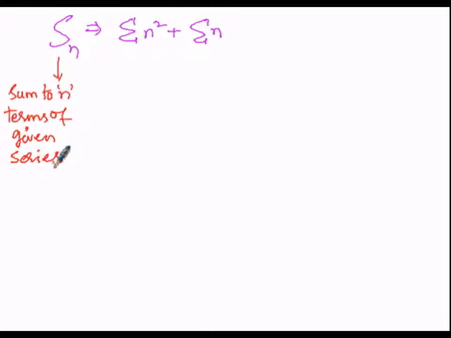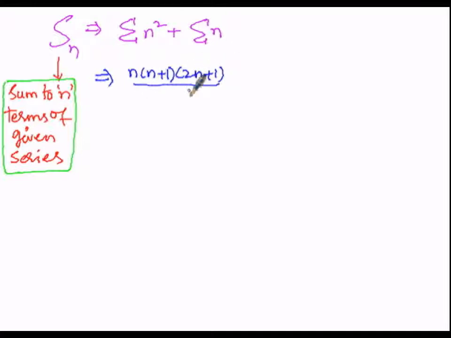Then now, by applying this sigma to each and every term, the next logical step will be, so that implies we know sigma n square is equal to n into n plus 1 into 2n plus 1 overall divided by 6, plus sigma n as n into n plus 1 overall divided by 2. So here we have utilized two conditions.